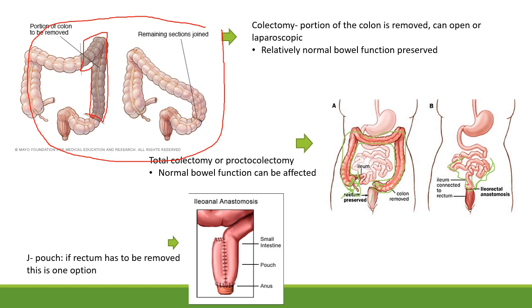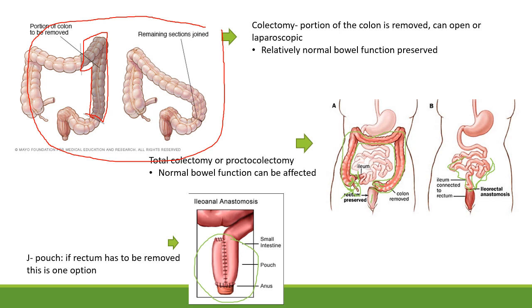And then the other thing that's an option is to create what's called a J pouch, so that you don't have all this pressure of all this liquid stool pressing on the sphincters of the rectum and the anus all at once. This creates a reservoir or a pouch here that helps with continence.